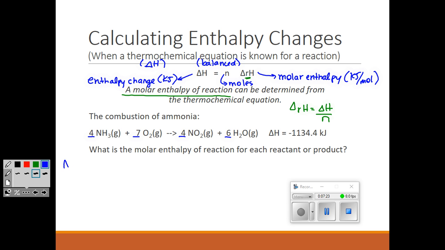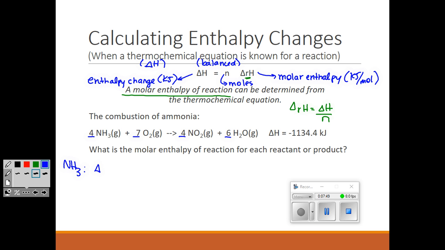So I'm going to start with ammonia. If I want to determine the molar enthalpy of reaction for ammonia, I can't just look at that value of delta H at the end of the reaction. I wouldn't put negative 1,134.4. That's how much energy it is for 4 moles of ammonia, but I want to know for 1 mole.